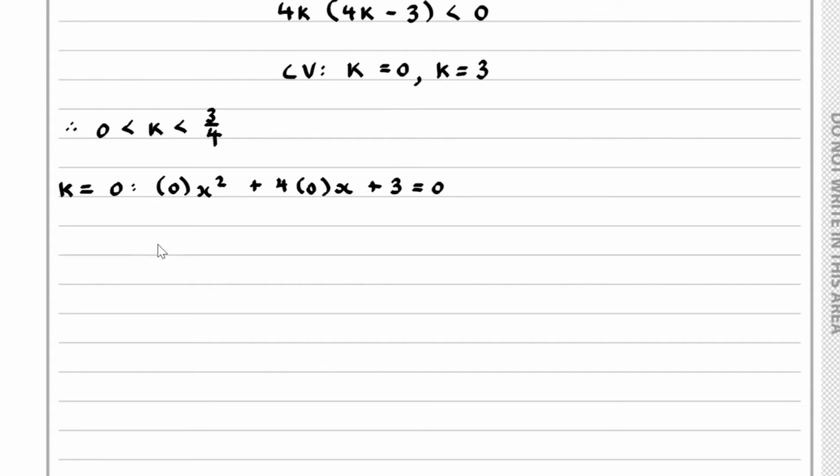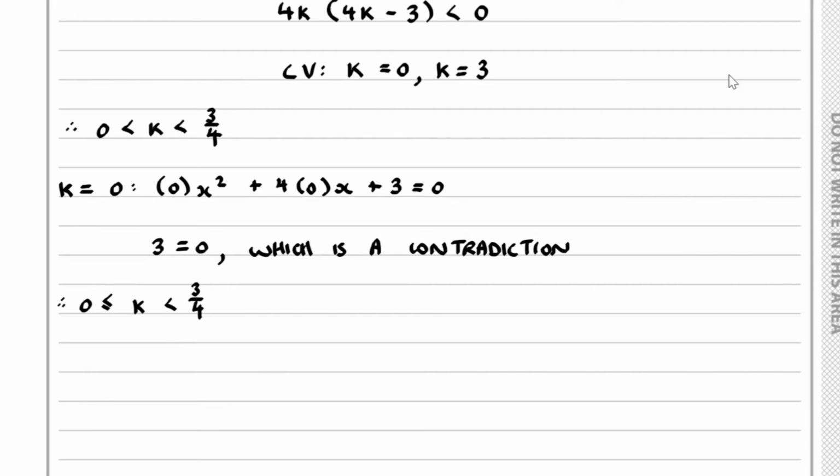In other words, 3 equals 0, which is a contradiction. So in other words, for us to have no real roots, k can also equal 0. And so our solution to the inequality will be 0 being less than or equal to k being less than 3 over 4.